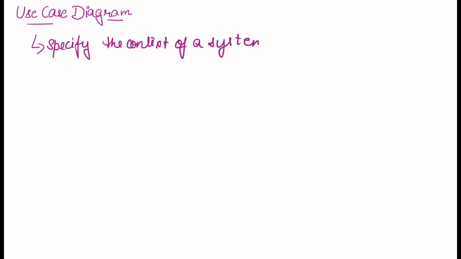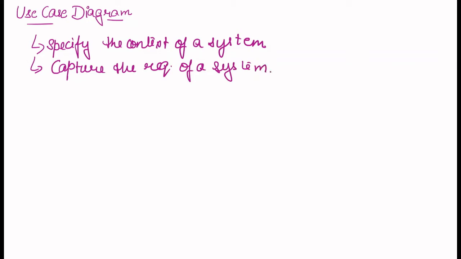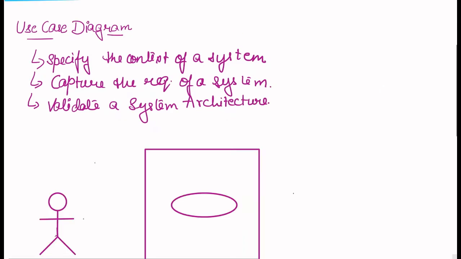The second purpose could be to capture the requirements of a system, and then to validate a system architecture. Okay, so these were a few of the purposes we were talking about.